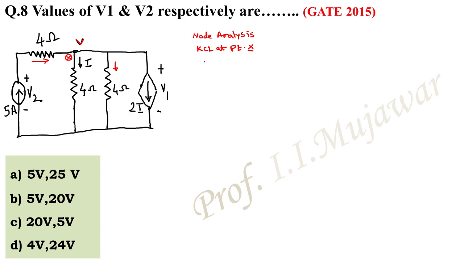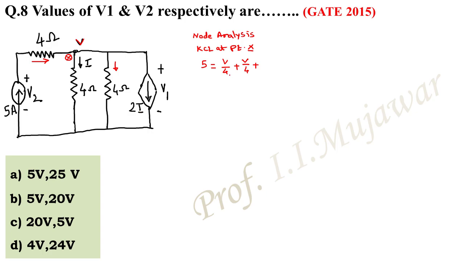So my KCL equation is: 5, which is the incoming current, is equal to the current flowing through the first 4 ohm, which is V by 4, plus the current flowing through this 4 ohm, V by 4, plus this current, which is 2I.